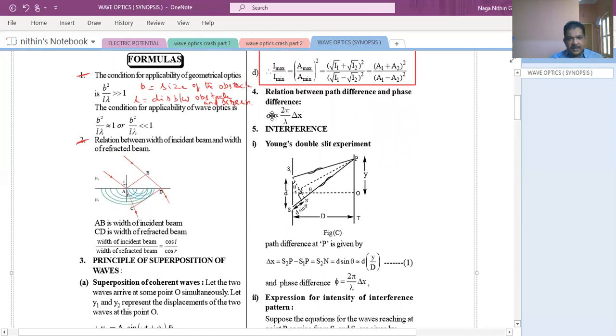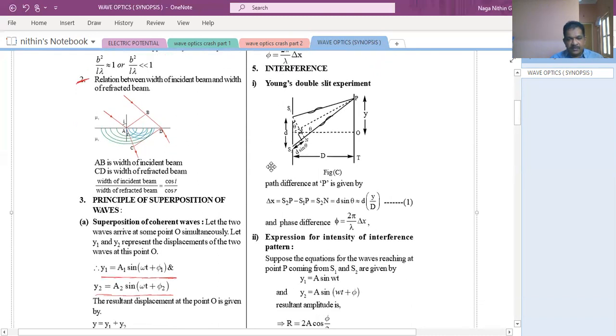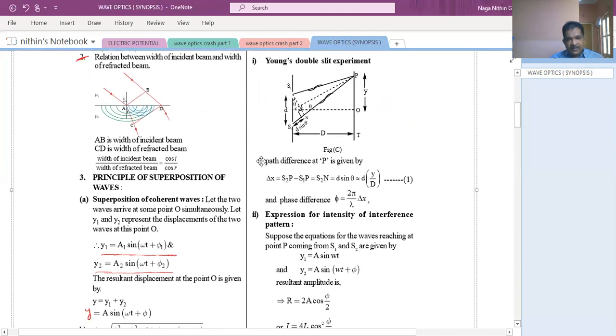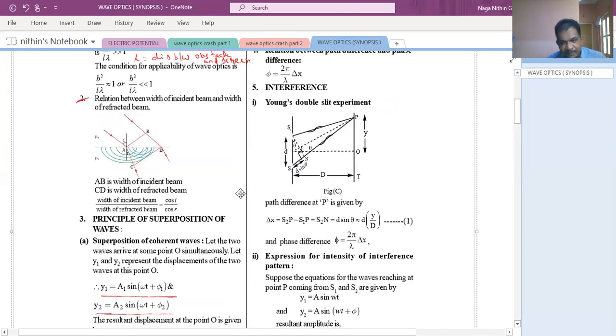Next, what is the relation between path difference and phase difference? Phase difference is equal to 2 pi by lambda into path difference. And in Young's double slit experiment, what is the path difference? One wave coming like this, another wave from S2 coming like this, interfere here. What is meant by interference?